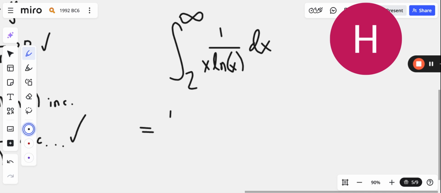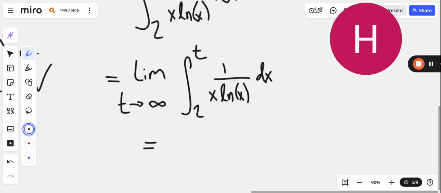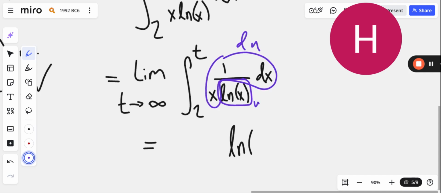Of course, we can't figure out exactly what that is because we're not allowed to integrate to infinity, but we can send t to infinity, and then we can take an integral from 2 to t of 1 over x ln of x dx. And the antiderivative here is simply ln of x. If you do like a mini u sub, this is your u, 1 over x dx, that's your du. Pretty straightforward. So this is just 1 over u, and then you integrate that, you get ln of u, which is ln of x.